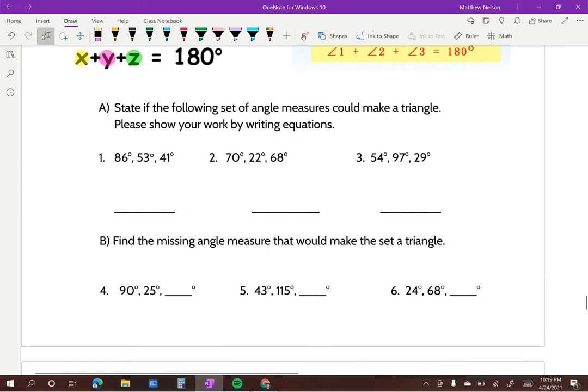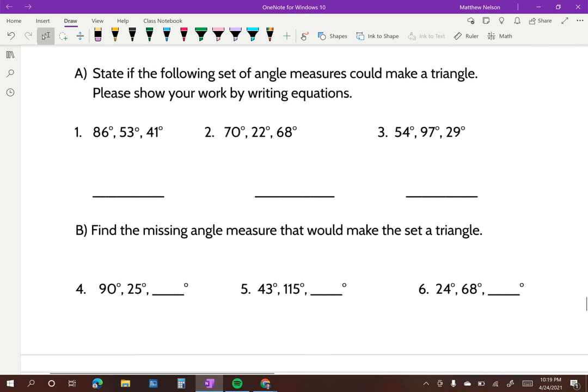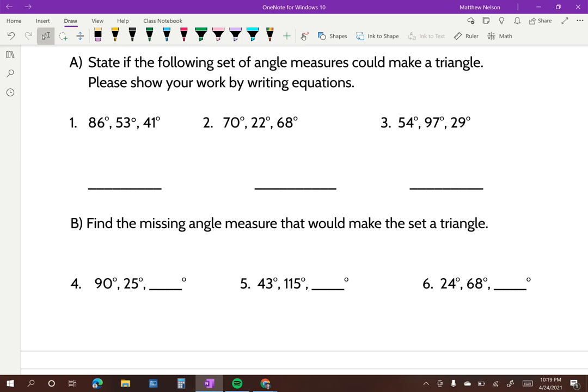So knowing that, let's go ahead and jump into part A here. It says state if the following set of angle measures could make a triangle. Well, we know that they need to add up to 180 degrees. So let's see if that's the case here in this first example. We've got 86 plus 53 plus 41.